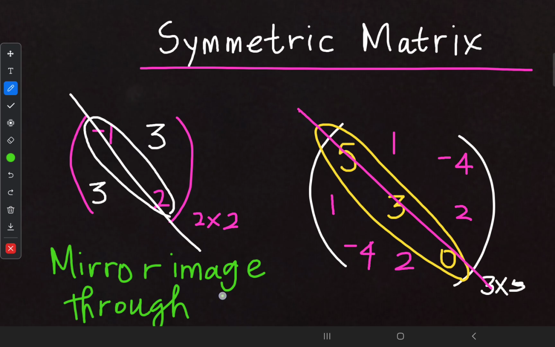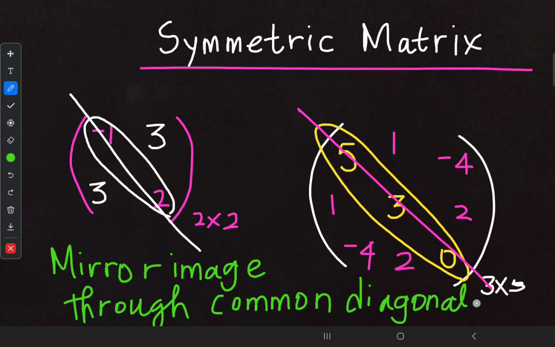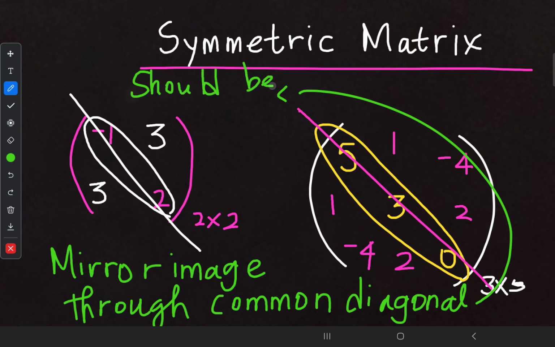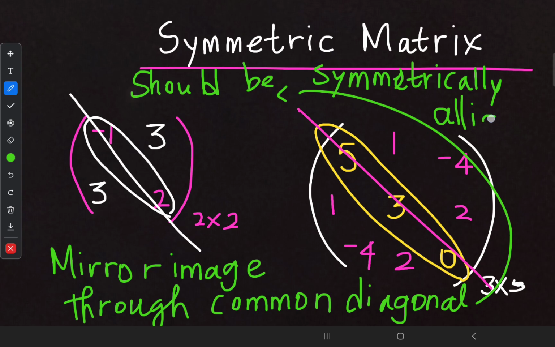The remaining values should be symmetrically aligned. This is the way you have to identify your symmetric matrices.